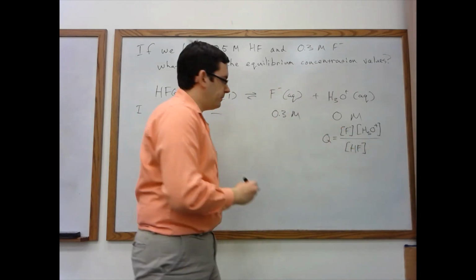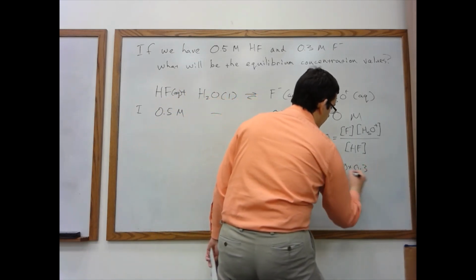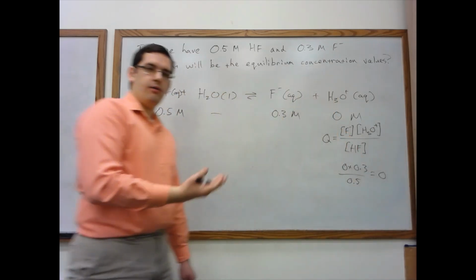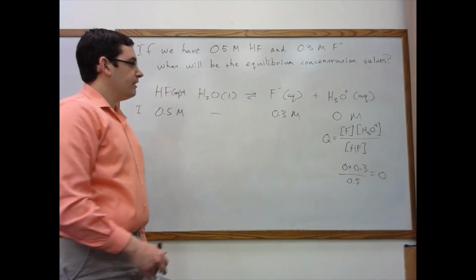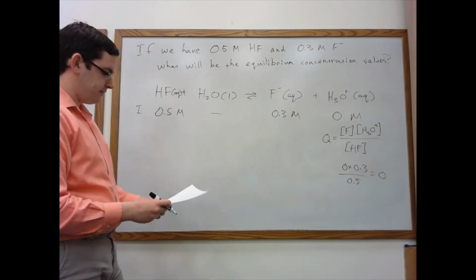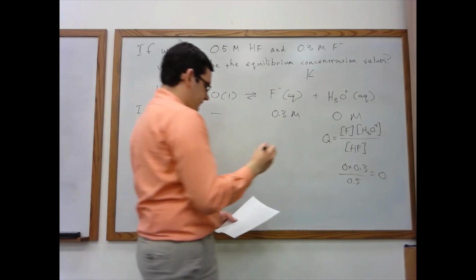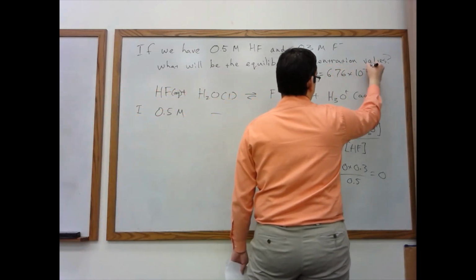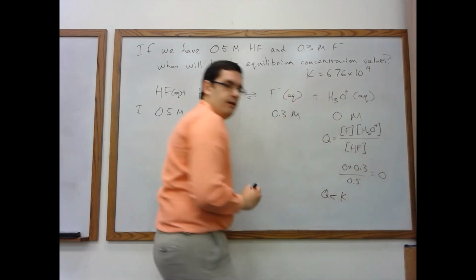So this becomes 0 times 0.3 over 0.5, which of course equals 0 since we don't have any of our initial hydronium ion. Since our Q value is equal to 0, our K value for this reaction, which of course would be given in the problem, is K equals 6.76 times 10 to the negative fourth. Q is less than K, so the reaction proceeds forward.